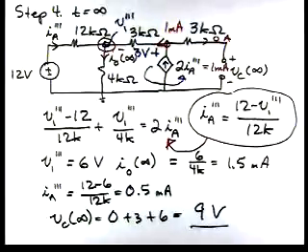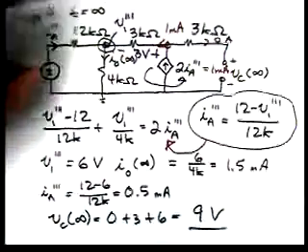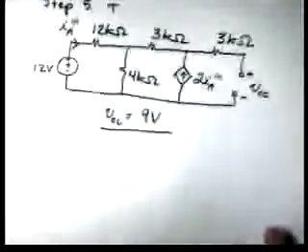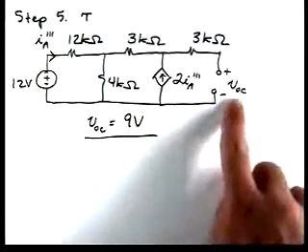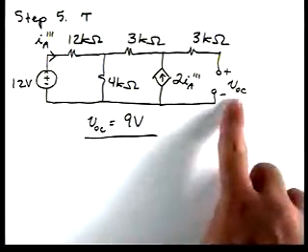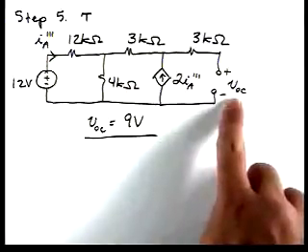Now we need to calculate the time constant. Since we have a dependent source, remember we're going to have to calculate the open circuit voltage and the short circuit current. In step 5 of calculating the time constant, we need R Thevenin, the Thevenin resistance as seen by the capacitor. When we calculated VC of infinity, that was also the open circuit voltage.